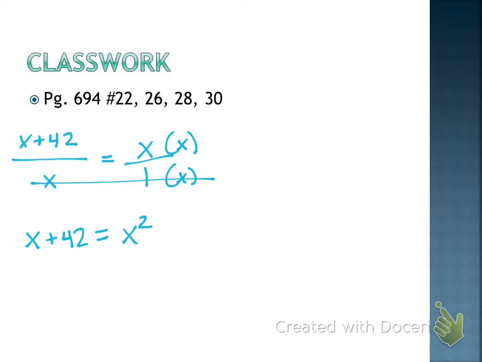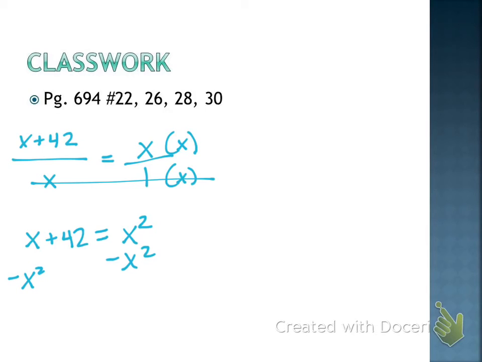Do I have like terms that can be added together? No. So what do I need to do? Factor. But before I can factor, I've got to get everything to one side and the other side to equal 0. What am I going to move? If I move x squared, what am I going to be left with in front of x squared? A negative.